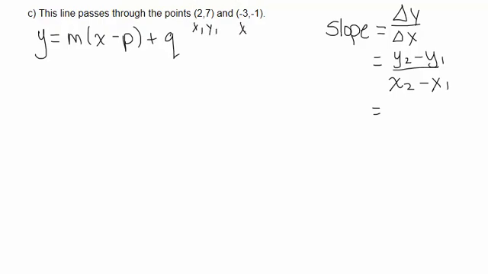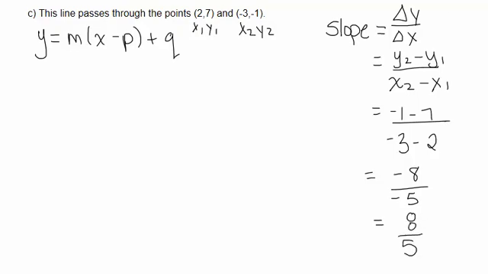So let's plug those values in. y2 is negative 1, minus y1 which is 7, all over x2, which is negative 3, minus x1, which is 2, which is equal to negative 8 over negative 5. A negative divided by a negative is just a positive, so we bring it down to 8 over 5.